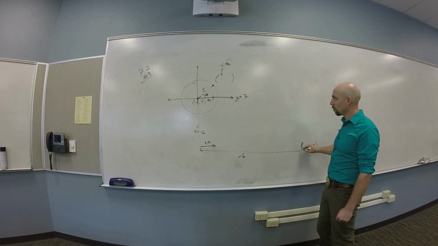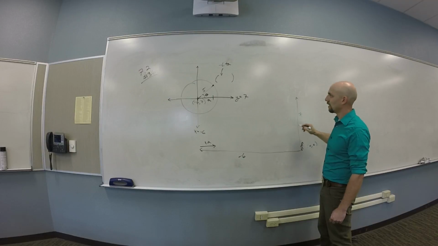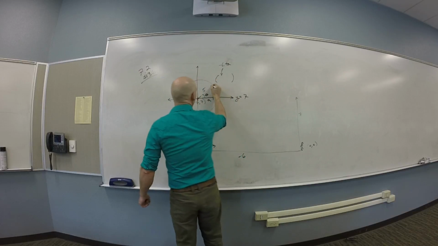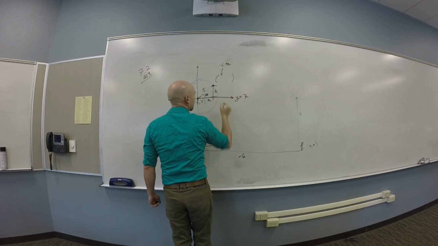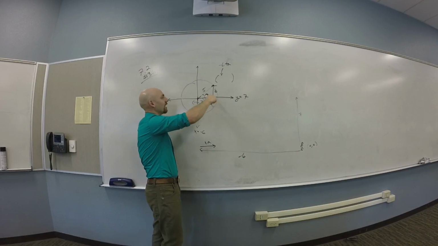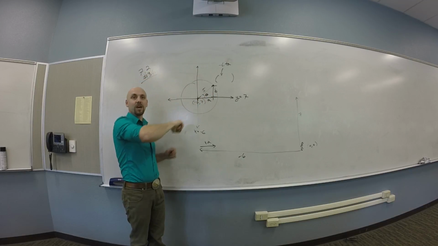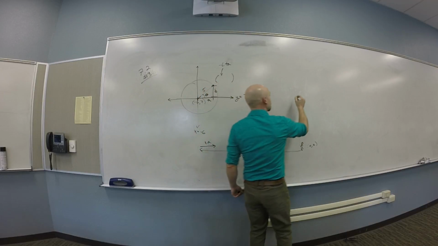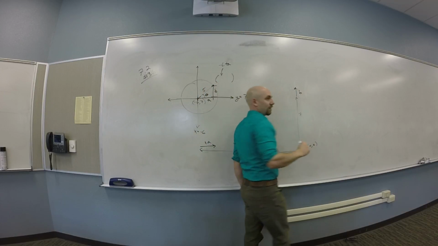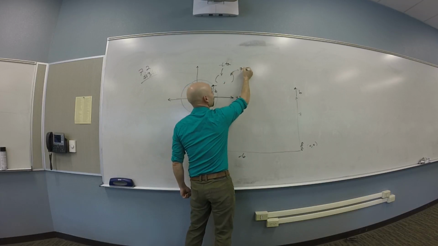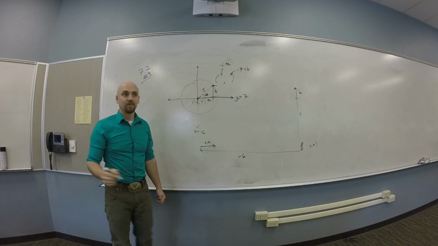Let's use B instead of O, so I'm going to call this side B. I went up 7, which got me to here, and then I need to go up B. So this is going to be 7 plus B. You guys see that?